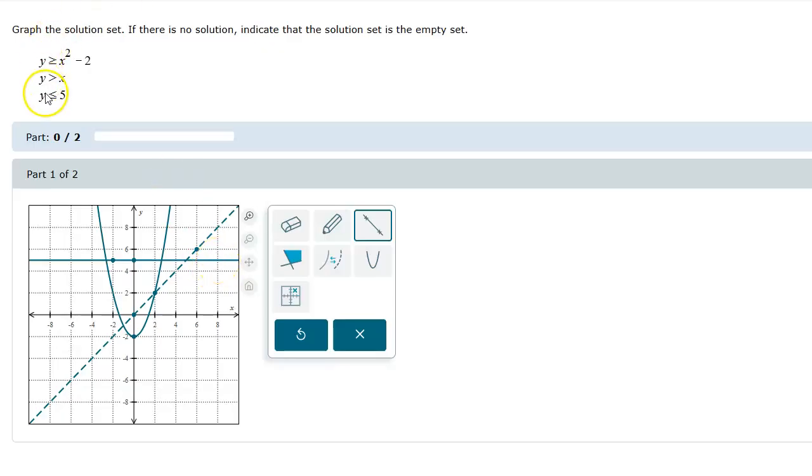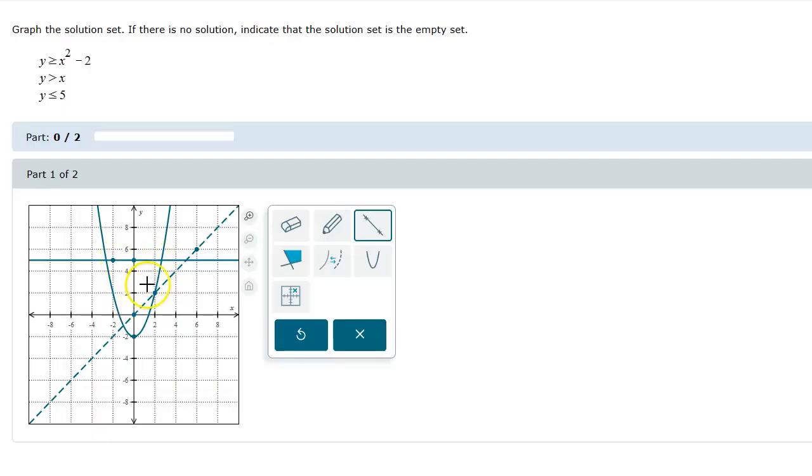Now I can use the inequalities to determine my shaded regions because these are all solved for y with y on the left. So that means I should be shading above the parabola, so it's going to be inside the parabola, above this dashed line, y equals x, but then below, because this one is less than, the line y equals 5.